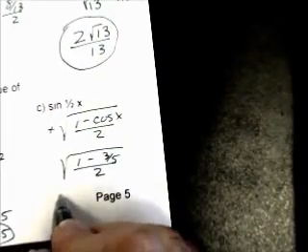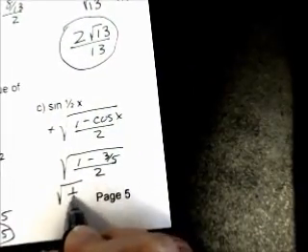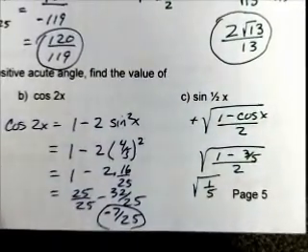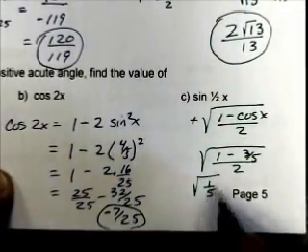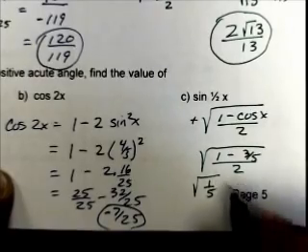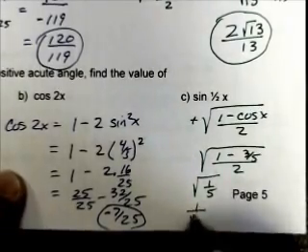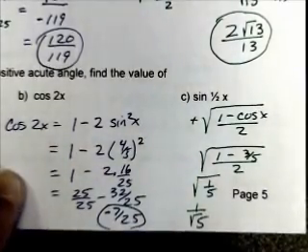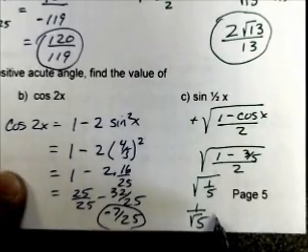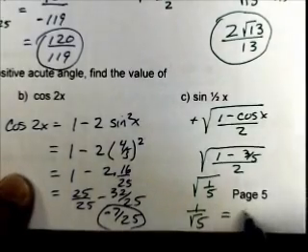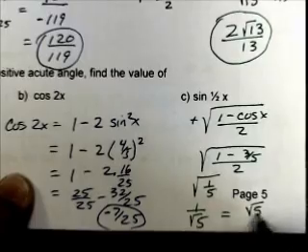So we're looking at the square root of 1/5. The square root of 1 is 1. Square root of 5 stays. So this is 1 over square root of 5. And rationalize the denominator. Multiply by square root of 5 over the square root of 5. And we get just that, square root of 5 over 5.